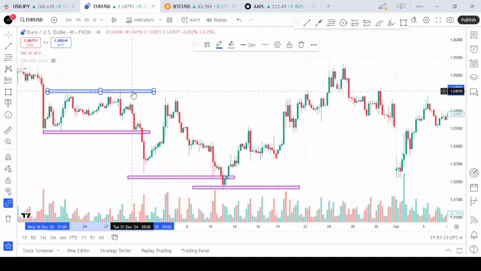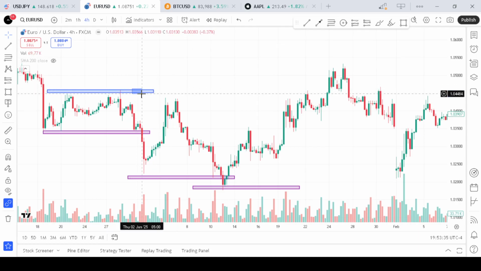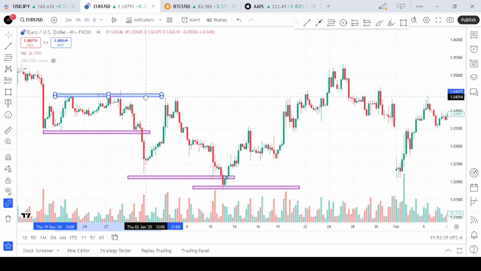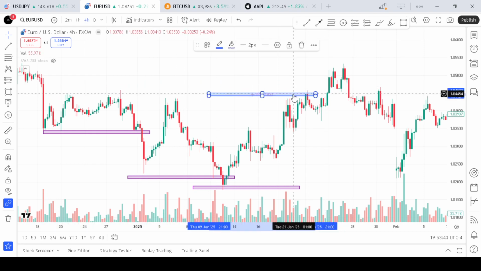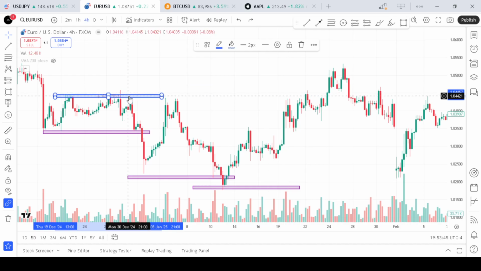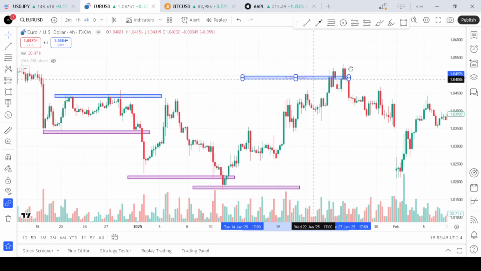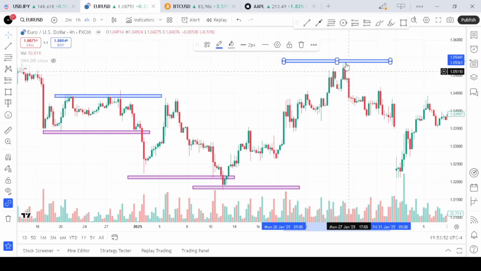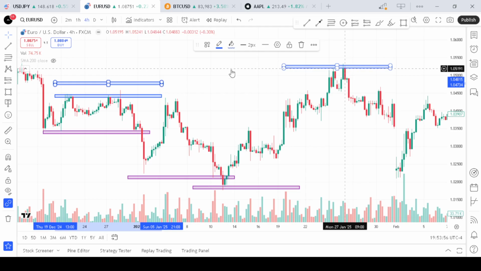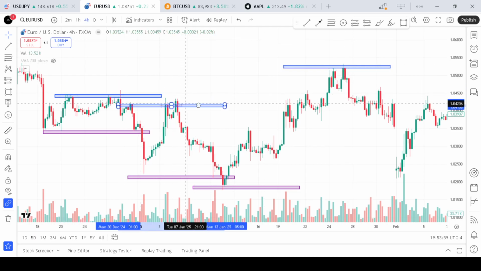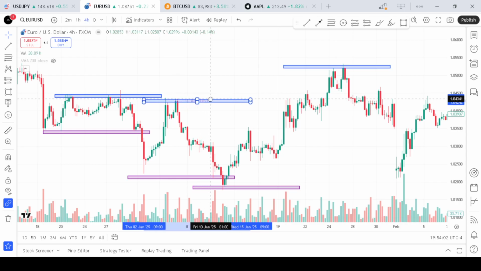So these are our resistance levels on the chart, being marked out. Areas where we expect sellers to prevent price from going higher.